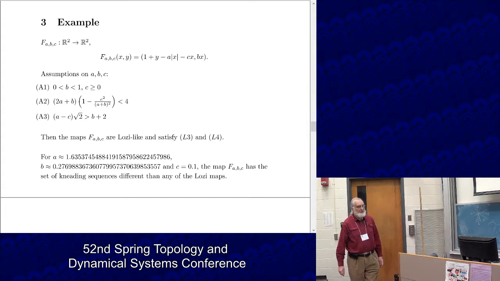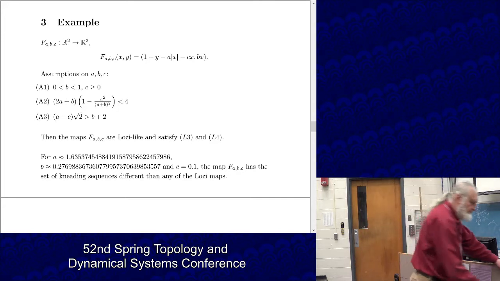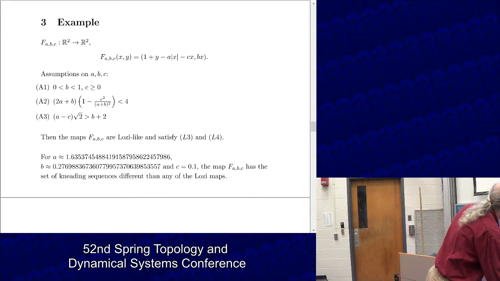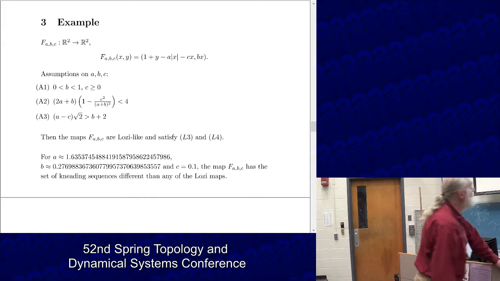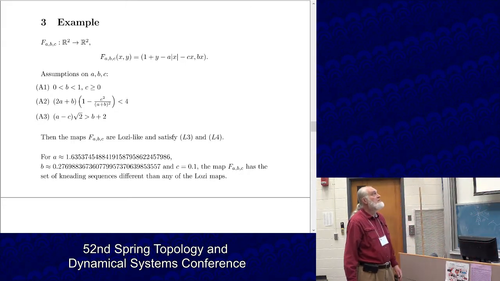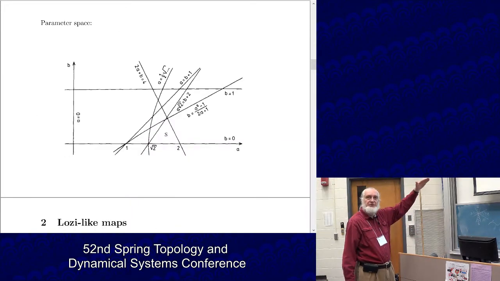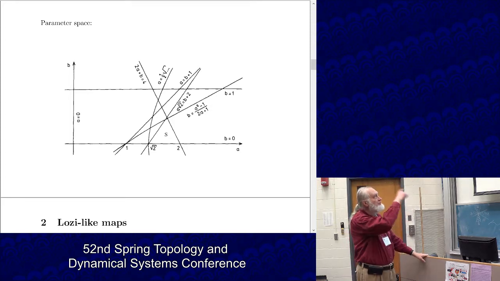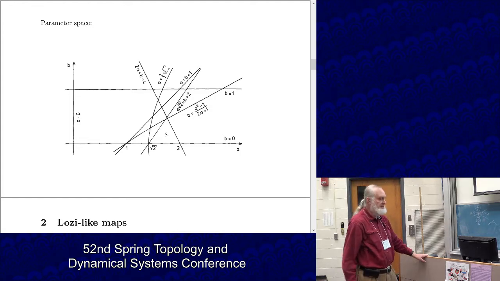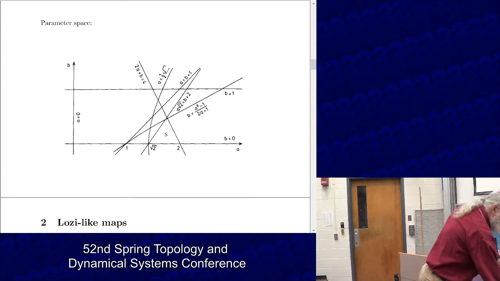And we make three assumptions on A, B, and C. Such simple assumptions which, when you get to this picture, really mean that we are in this triangle S even without this small piece cut off. So these are those three lines. That's for C equals 0.